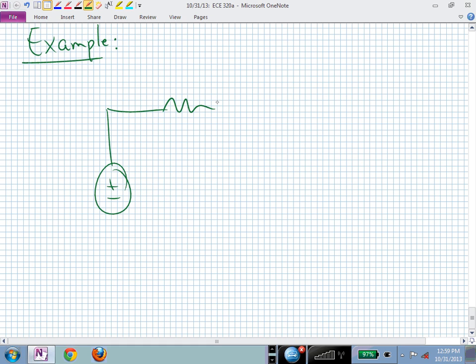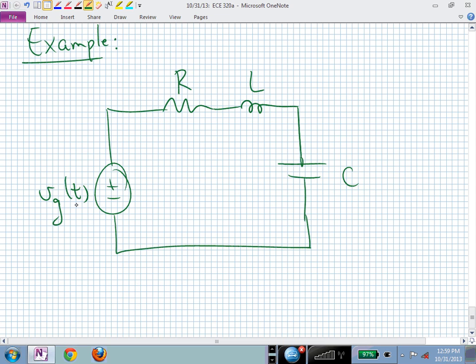Maybe it's an electro-hydrodynamic system. We'll throw some optics in. No, let's just look at this RLC circuit, because the weather's getting a little bit cold outside, and I want you to remain warm and fuzzy with these concepts for the transfer function.